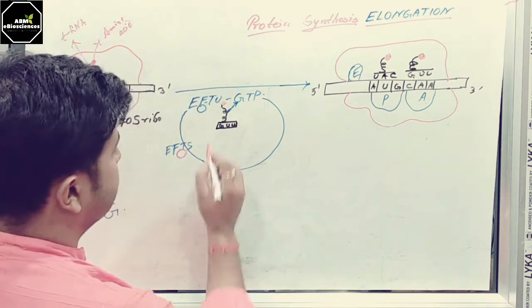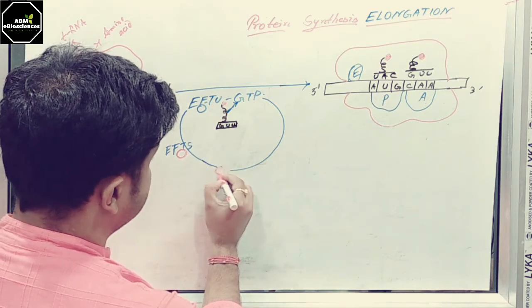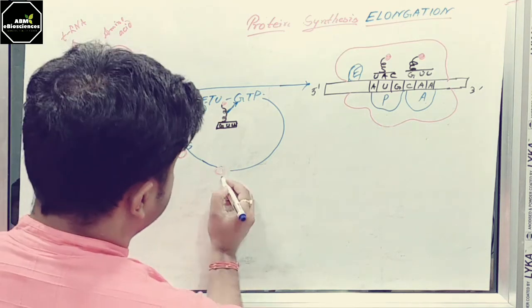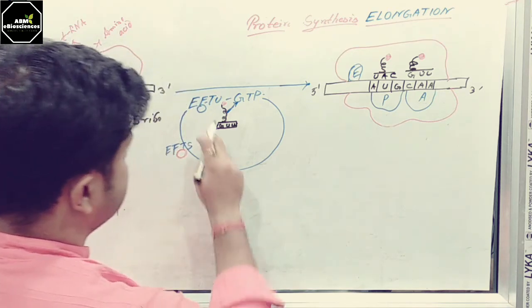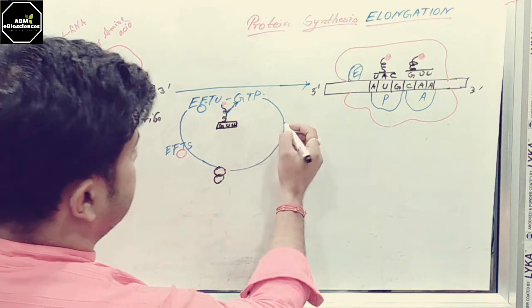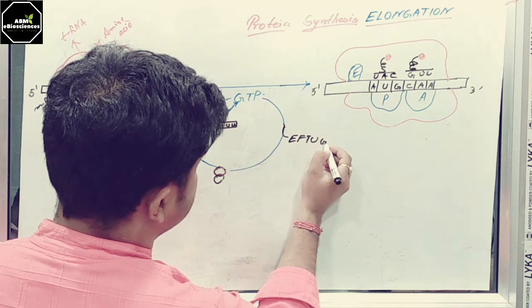Now here EF-TU and EF-TS actually form an in-between structure when not bound to the GTP. Suppose EF-TU GTP is now bound, then it will hydrolyze to EF-TU GDP.